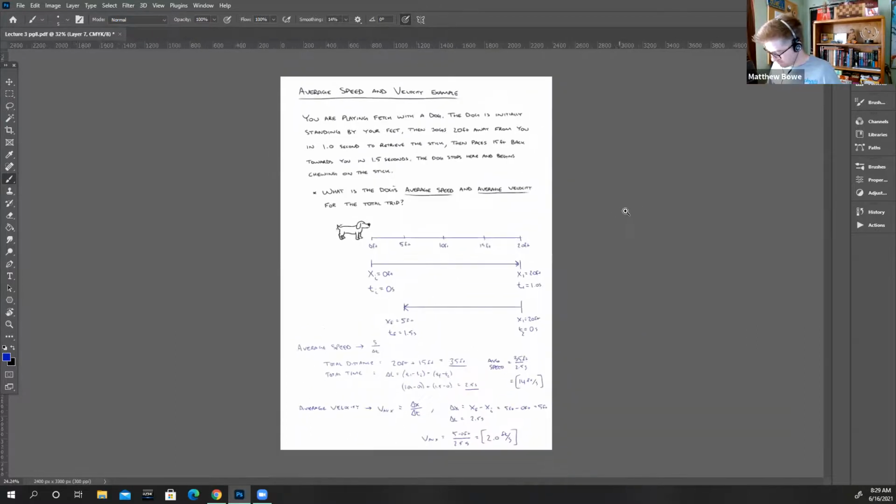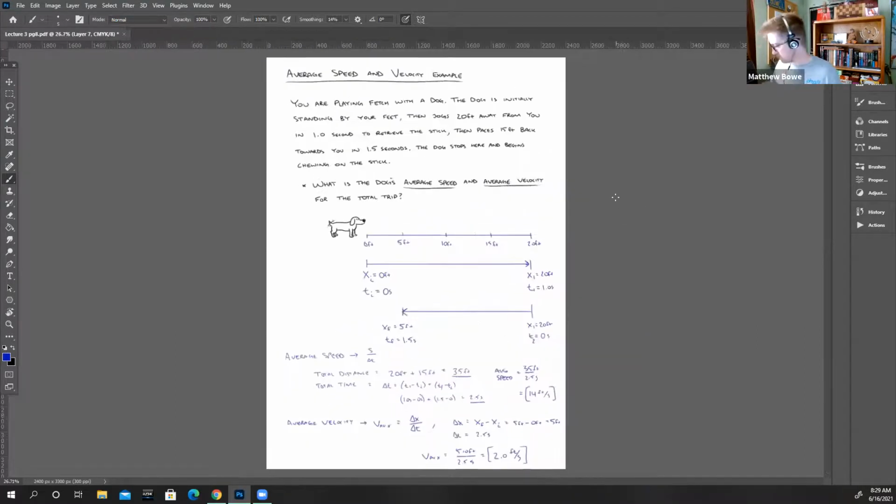Next up, let me go like that so you can see it before I change. Next up, we're going to maybe look at some other types of velocities. This is average velocity. You see, it's only taking where I start and where I stop into consideration.